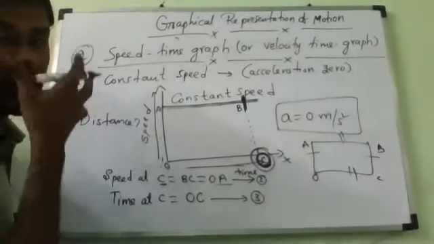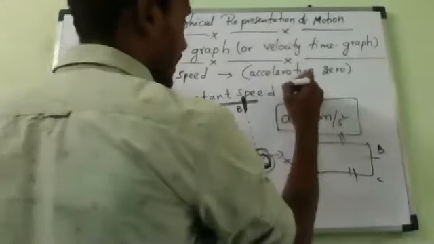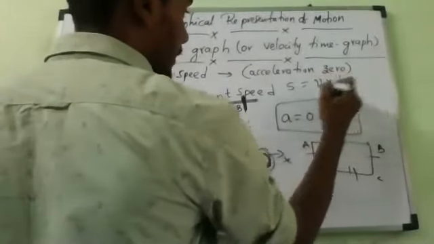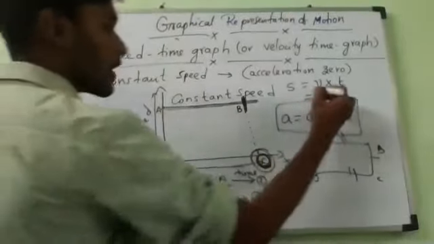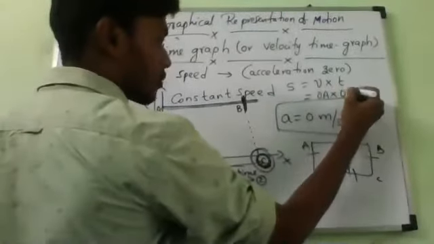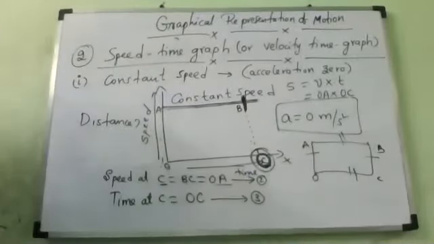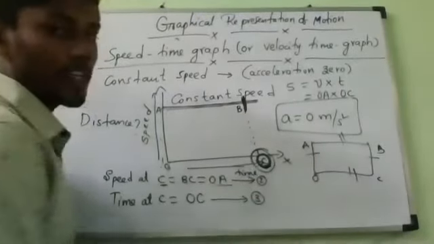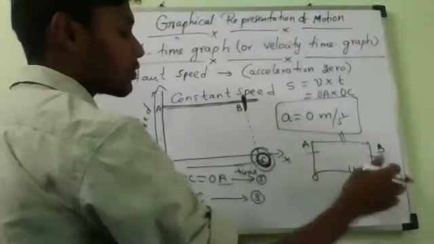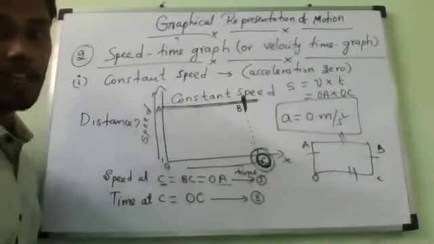Distance is equal to speed into time. So speed is equal to OA and time is equal to OC. So which is equal to what? The area of a rectangle: OA into OC is the area of a rectangle. Correct or not?